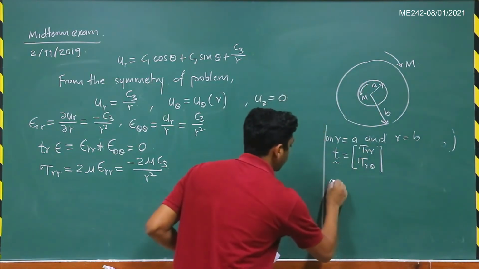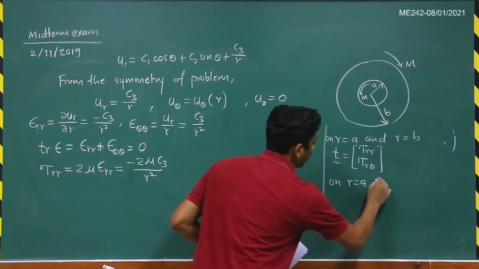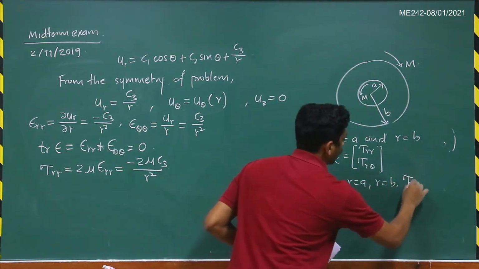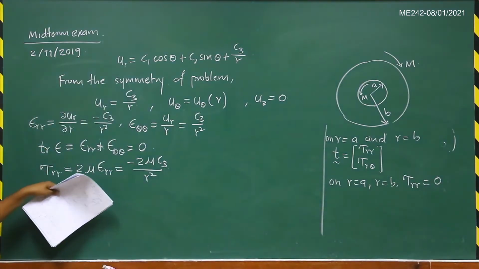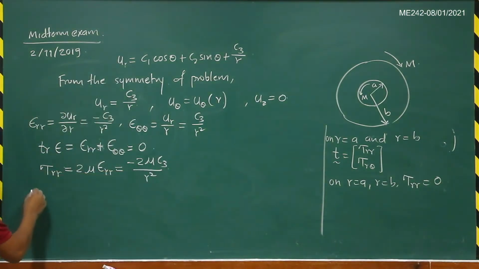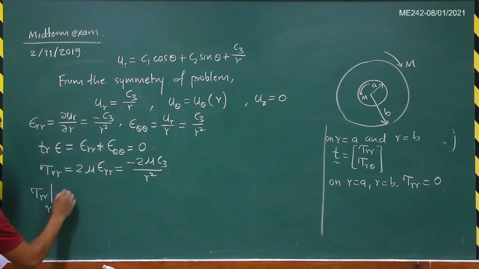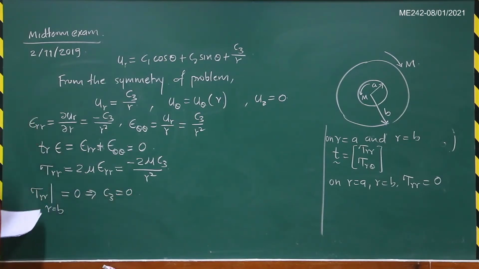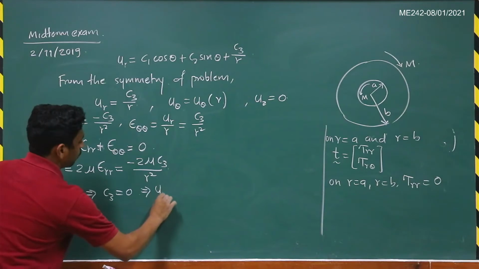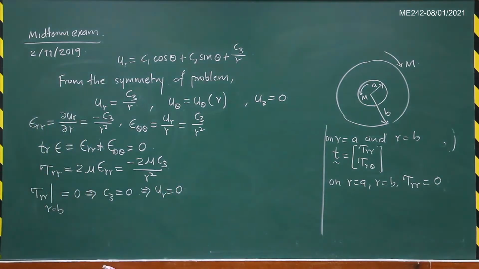So on r equals a and r equals b, tau_rr is 0. So tau_rr at r equals b equal to 0 will give us C3 to be 0. C3 being 0 means we get u_r equal to 0.